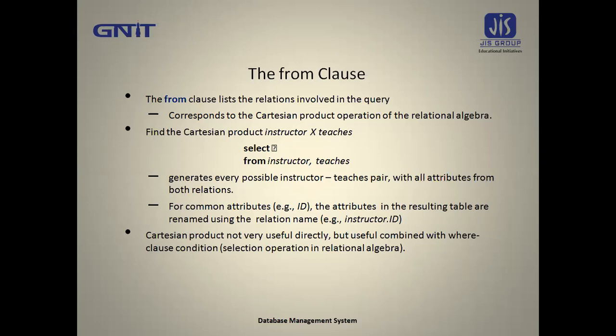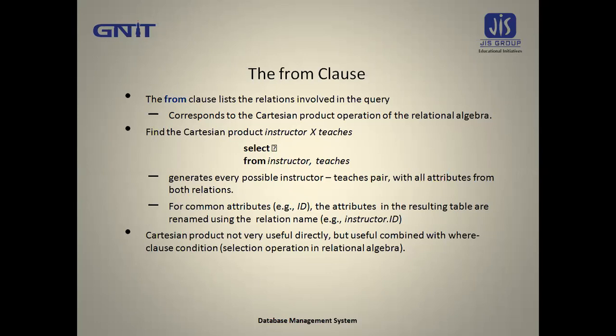Okay, I guess the star symbol is not supported here. So this question mark here was a star symbol. So select star from instructor comma teachers. It will generate every possible instructor and teachers pair, just like your Cartesian product example. So that means it will take one tuple from instructor relation and merge it, generating all possible pairs with the teachers relation tuples.